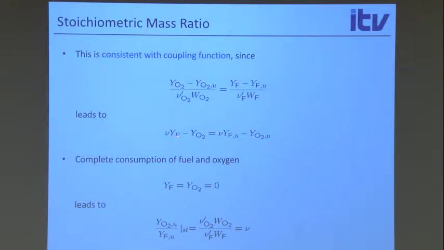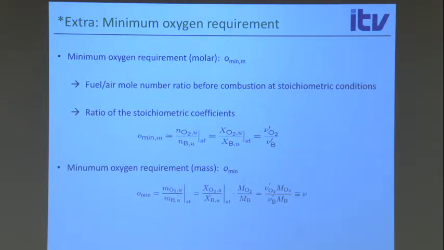If I write the coupling function like this in integrated form, and I set it at the end when combustion is completed, then YF and YO2 should be 0, which means this here should be 0, which shows exactly the relation we had on the previous slide. So it's consistent with the coupling function, no surprise.